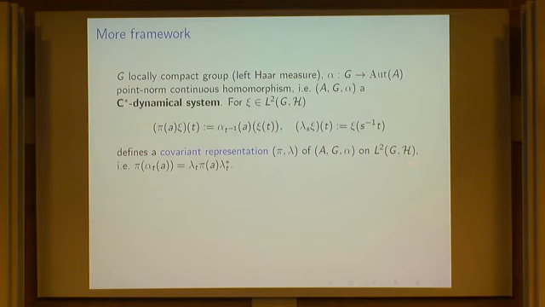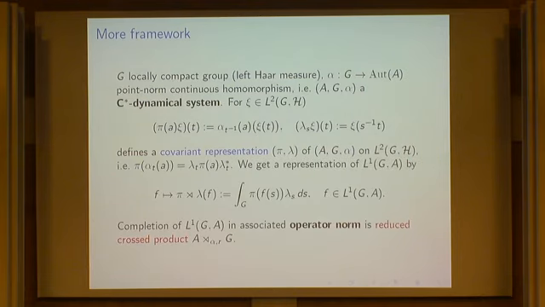It acts on L2 of G with values in H. The crossed product is then just the completion of the image of the L1 algebra under the covariant representation. So you have an L1 function with values in A. You take this representation pi pointwise at f of s, multiply with lambda s. Lambda is the canonical unitary here. Integrate. That's a generalization of what was the case when A is the scalars, as before. You close it, and that's the reduced crossed product.